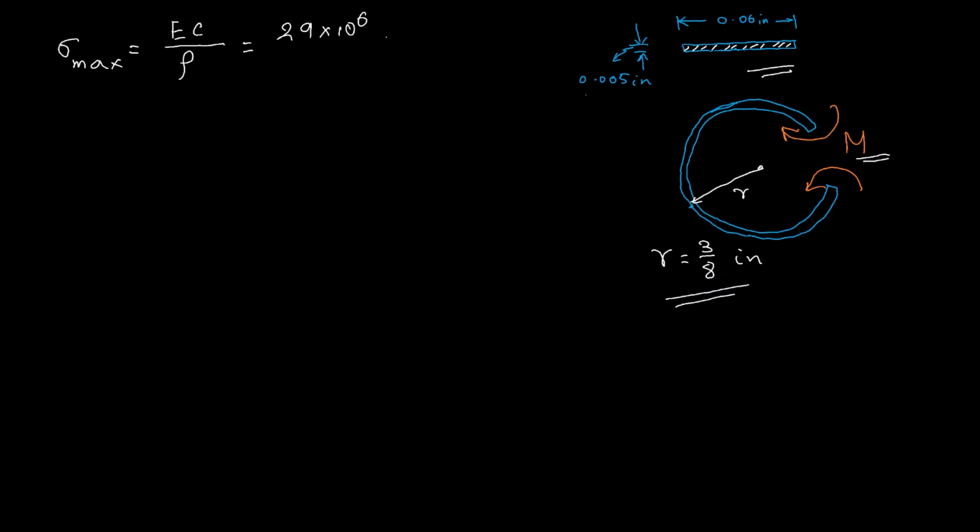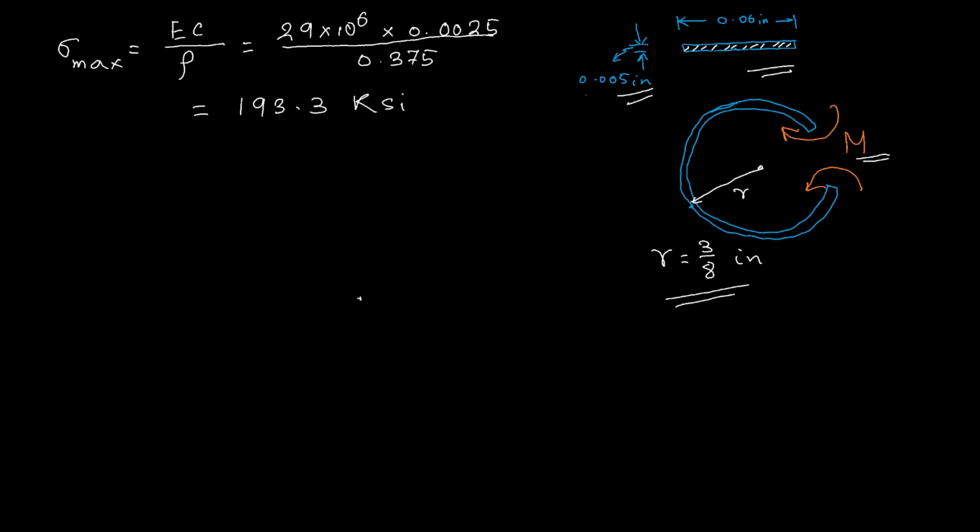psi is the Young's modulus of steel, then times 0.0025, half of this, divided by 3/8 inches, so that is 0.375, and that will give us a value of 193.3 ksi.